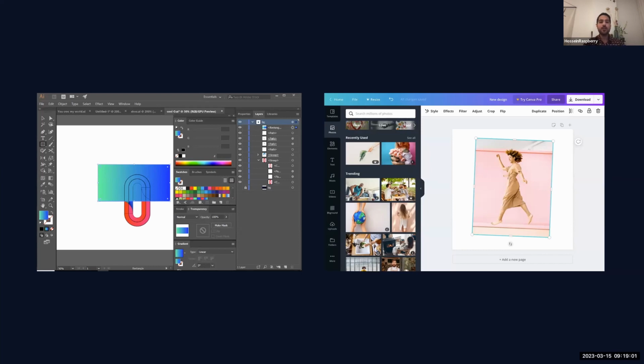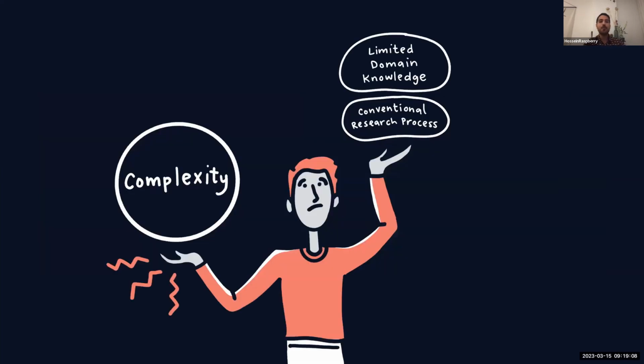And sometimes what expert users need to do might be difficult for us to understand because we may lack the domain knowledge to understand the intricate nuances involved in those users' complex problem solving. In my case, as a researcher, of course, I can apply the conventional research process to any setting and application.